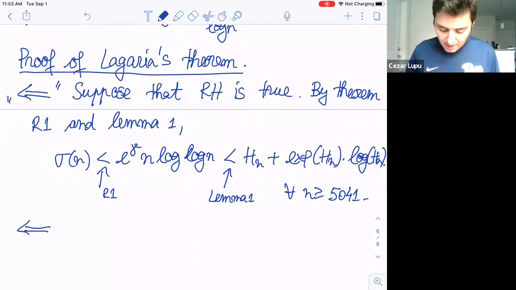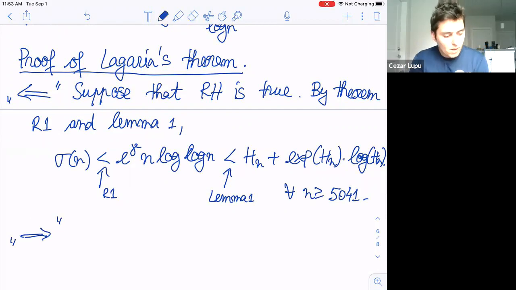As Lagrange states in his paper, it verifies. And now the other implication. We want to prove that if that inequality holds, then the Riemann hypothesis is true.